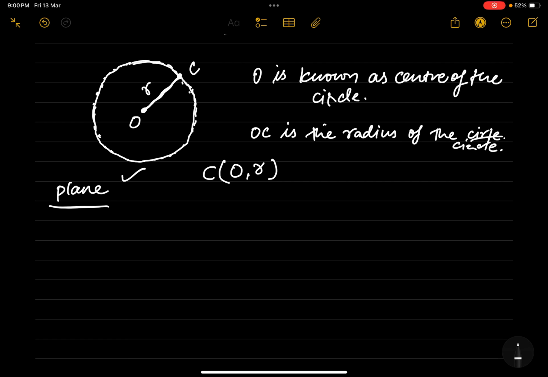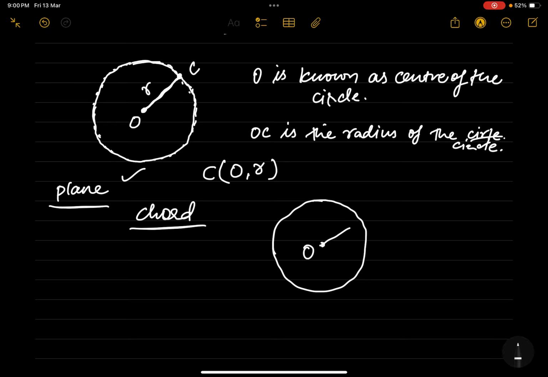So now we are going to define chord. Suppose I am going to draw a circle with center O and radius R. I am going to join any 2 points on the circle.